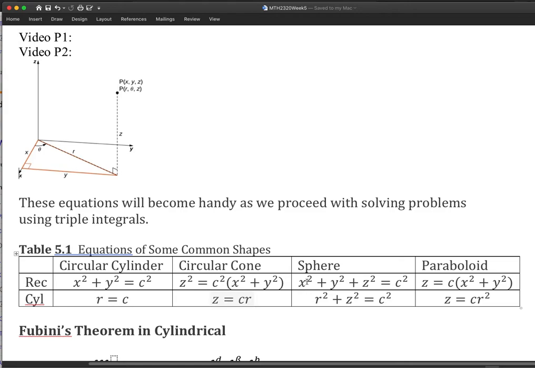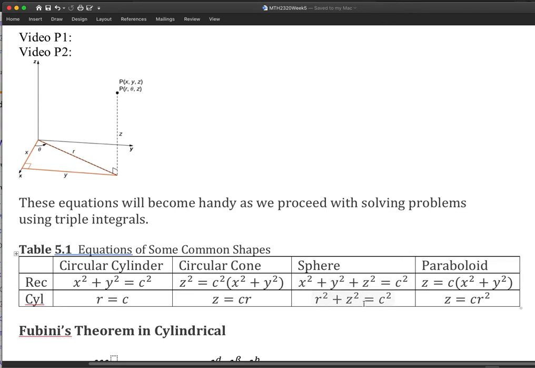And also when you have a sphere, the surface x squared plus y squared plus z squared equals a constant, and if we insist on cylindrical coordinates, because x squared plus y squared equals r squared, we simply have the equation like this.